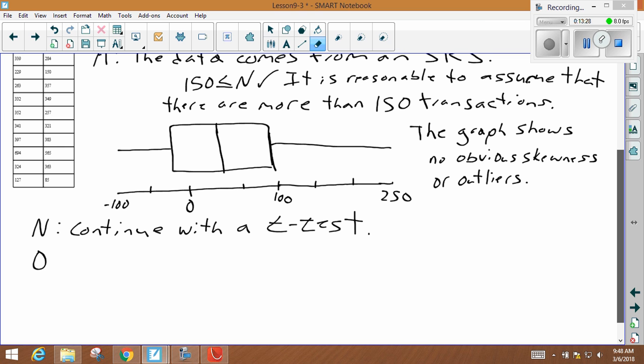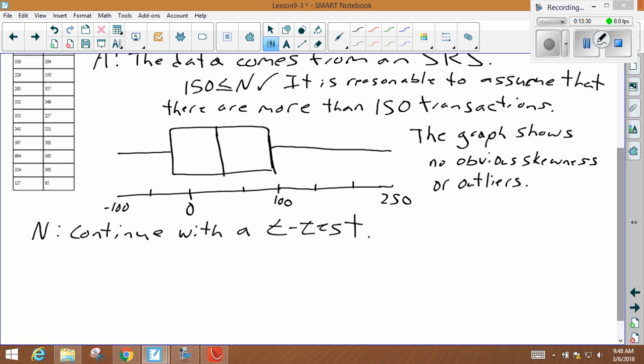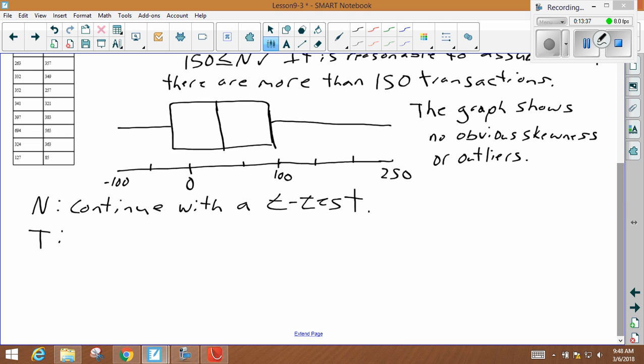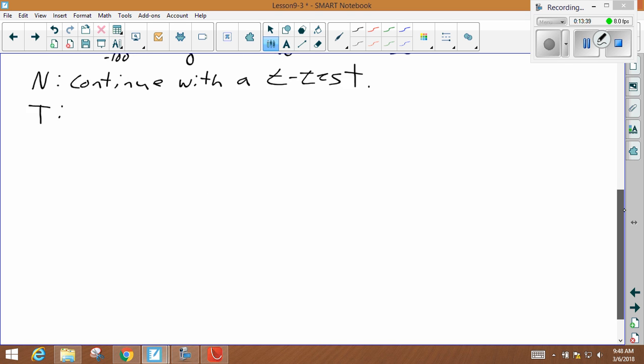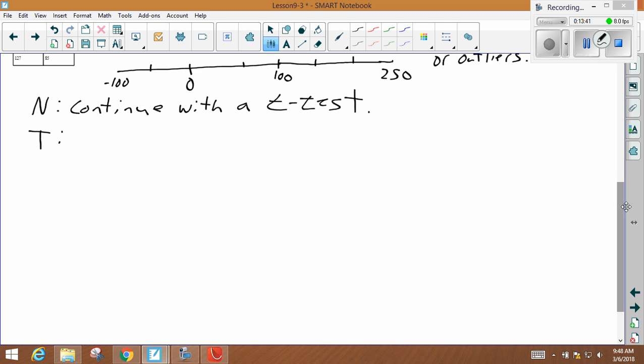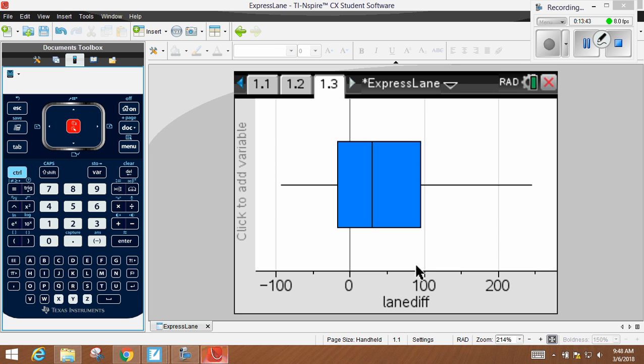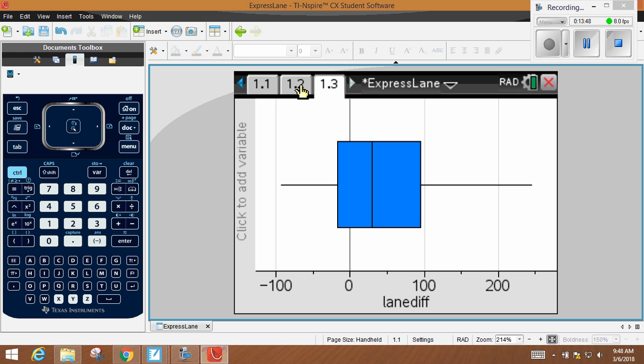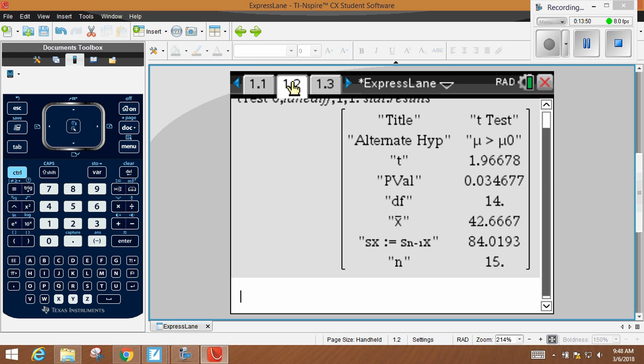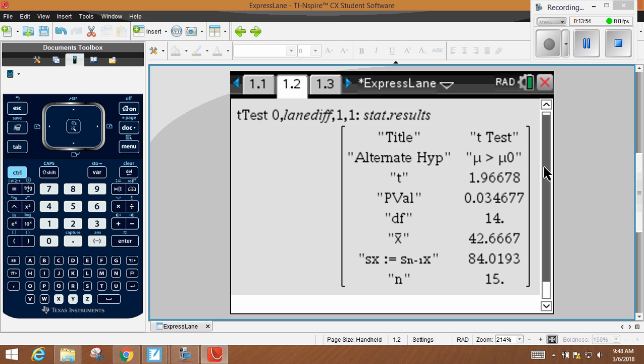T, we'll get our test statistic, which we can grab from here. All right, so x bar, 42.667.